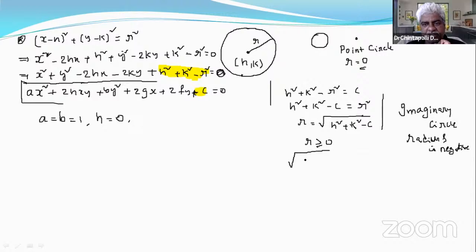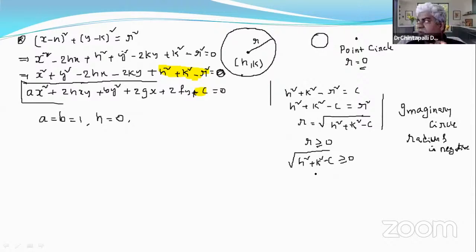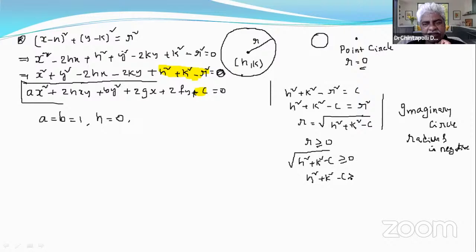That means h square plus k square minus c is greater than or equal to 0. Now squaring on both sides, h square plus k square minus c is greater than or equal to 0. So the main condition for the circle is this.